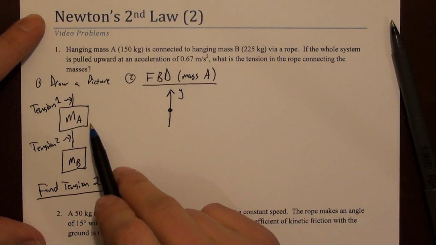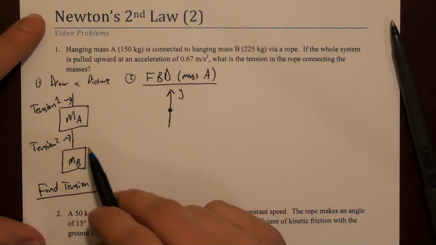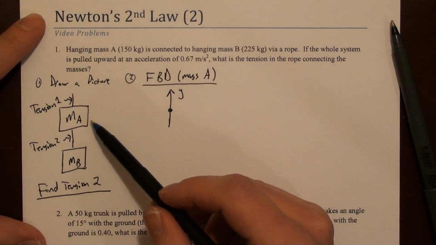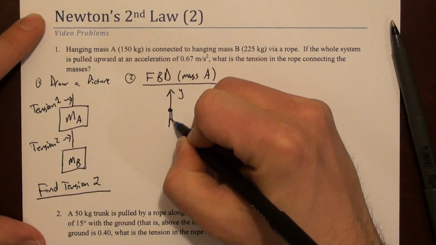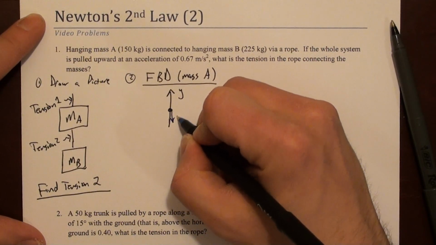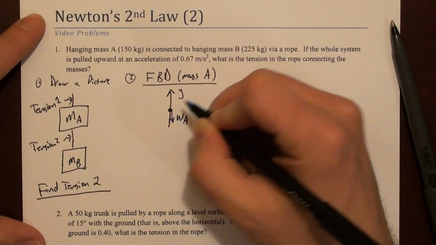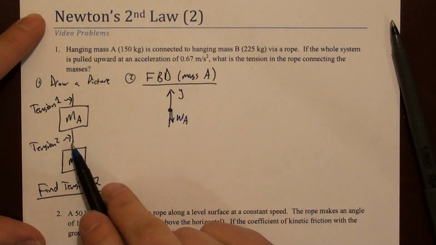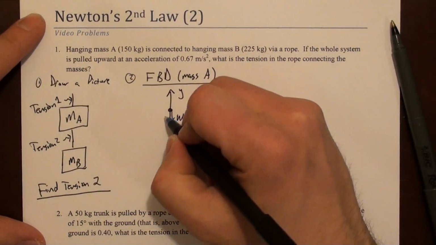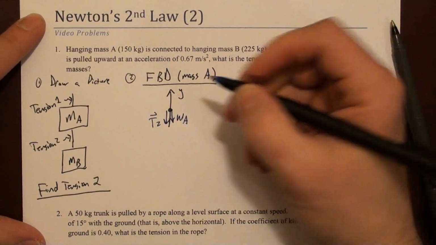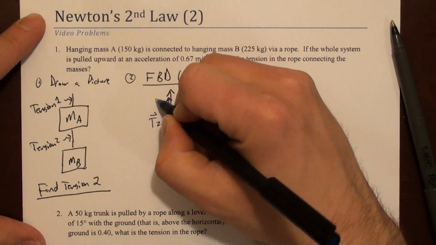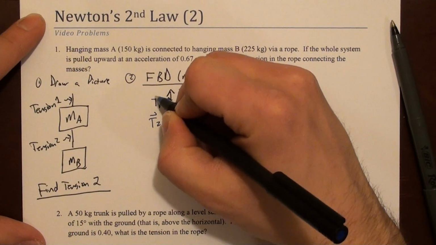And for the first mass, we simply have weight acting downward. So that's weight A. We also have tension 2 acting downward. So we'll put that over here. This is T2. And we have tension 1 acting upward. T1.